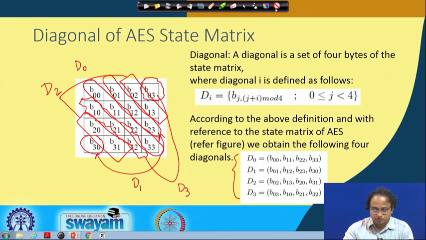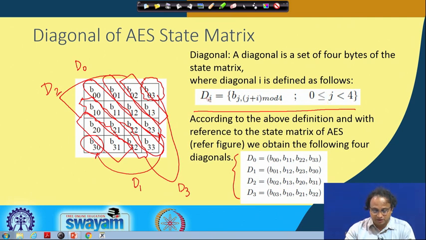Because of the regular structure of AES, we can define the diagonal Di in a compact form, where Di is given by the bytes B(j, (j+i) mod 4), where we vary j from 0 to 3.